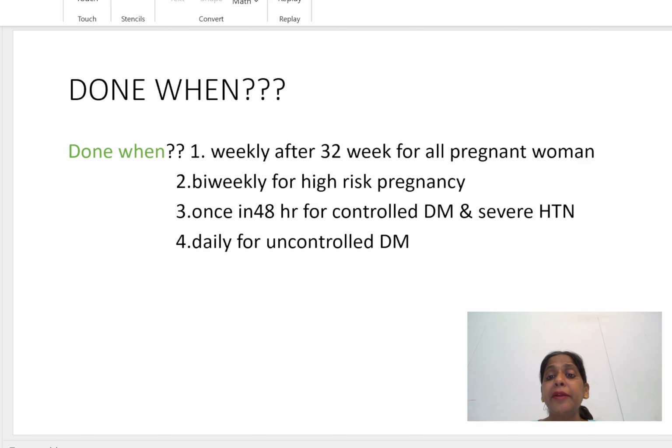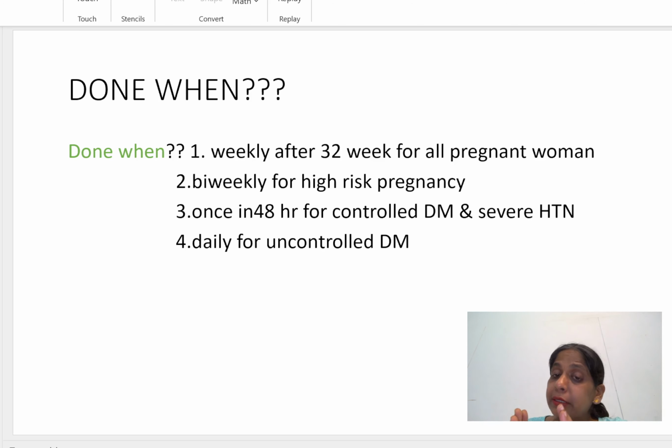If that female has a high risk pregnancy, then we are going to do NST twice weekly. If the high risk is diabetes mellitus, as you all know, diabetes mellitus can cause death of the fetus, so we increase our fetal monitoring frequency.